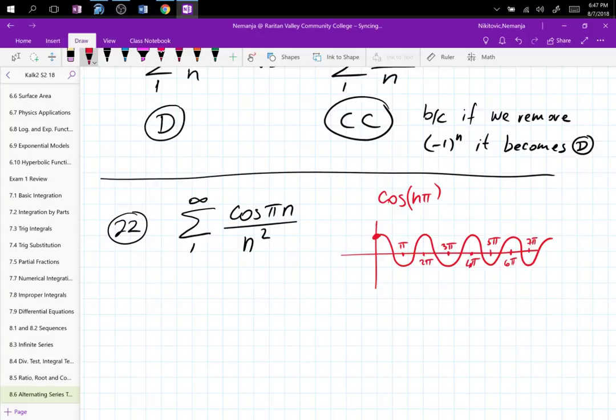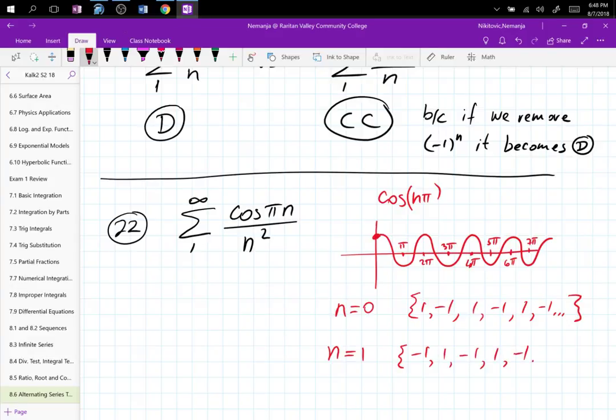Now we know these are discrete functions. If you start at n equals 0, your series is 1, -1, +1, -1, +1, -1, going on forever, and that corresponds to (-1)^n. If you start at n equals 1, you will have -1, +1, -1, +1, -1, going on forever.